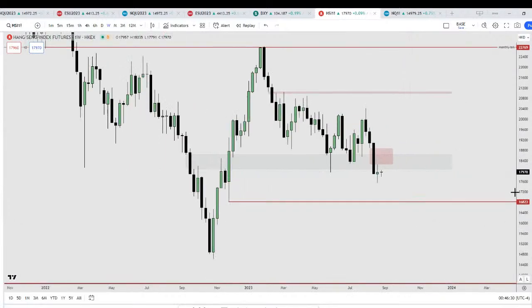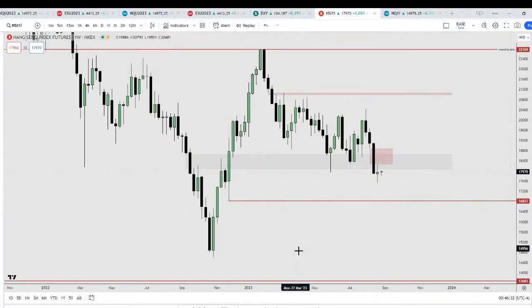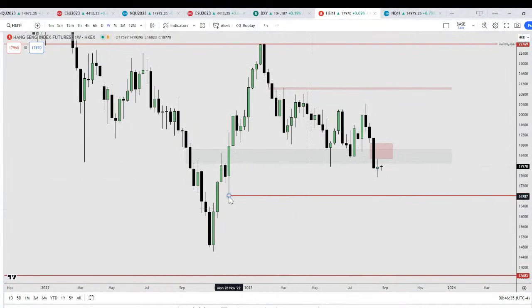So what am I expecting for HSI? If price takes out this low, I want to see speed below this low here, because it has been consolidating. If this swing high here was the manipulation for this consolidation, then I'm expecting a fast expansion.